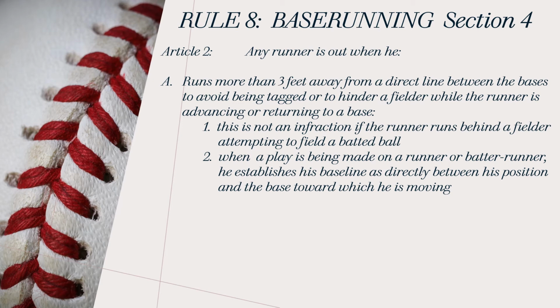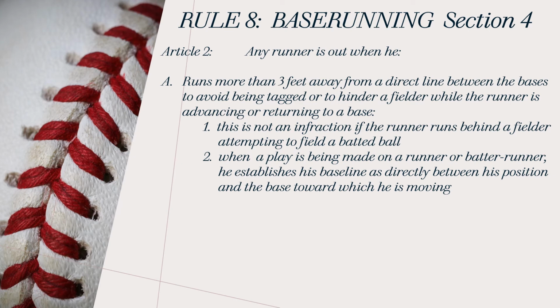Section 4, Article 2. Any runner is out when he runs more than 3 feet away from a direct line between the bases to avoid being tagged or to hinder a fielder while the runner is advancing or returning to a base. So a good rule of thumb on 3 feet is a step and a reach.